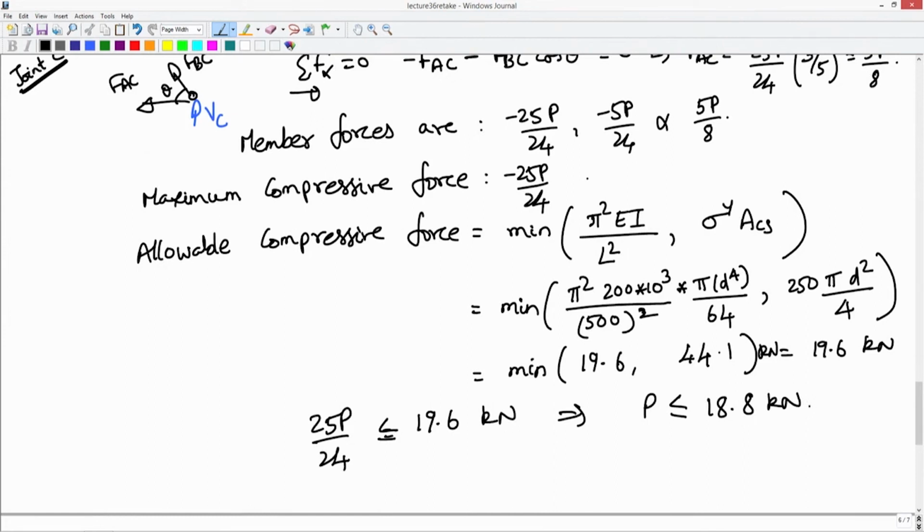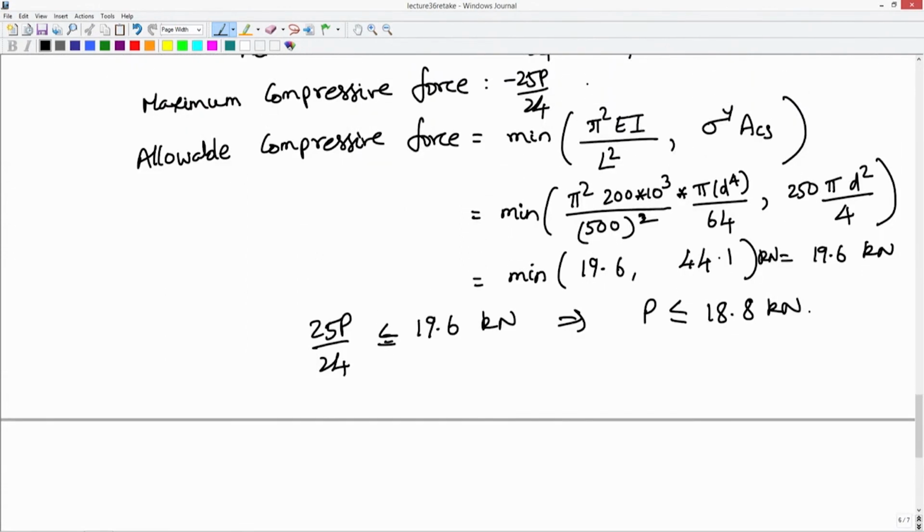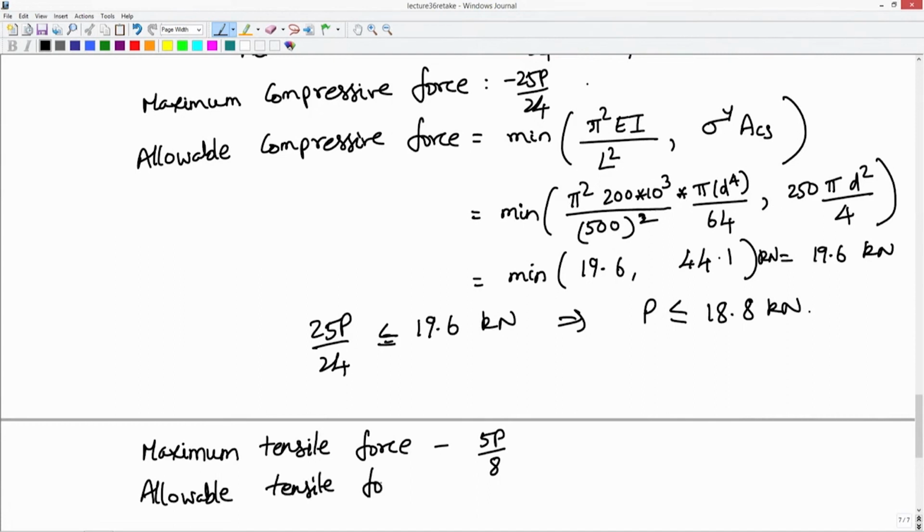Now, I know the maximum tensile force in member AC, which is 5 P by 8, and the allowable tensile force would be sigma y times the area of cross section, which will be 44.1 kilonewtons.